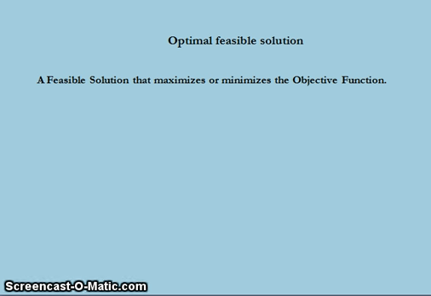an optimal solution is a feasible solution which maximizes or minimizes the objective function, and an LPP may have 0, 1 or more than one optimal solution.